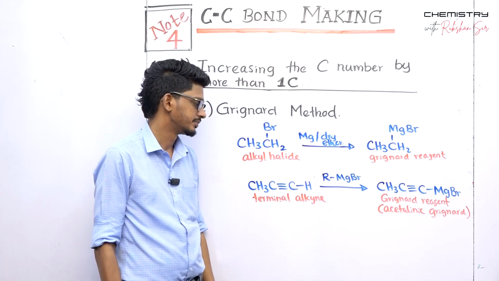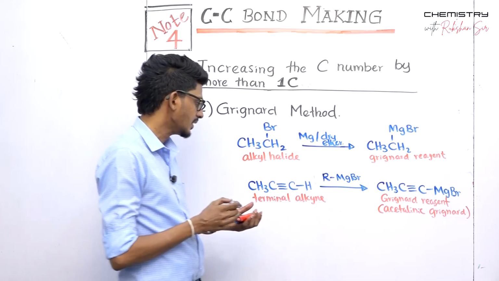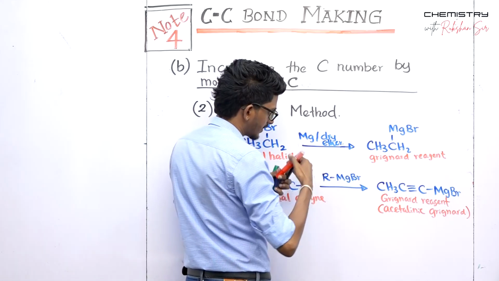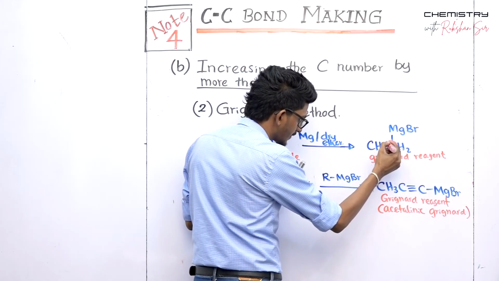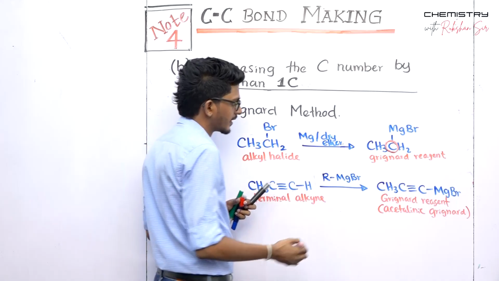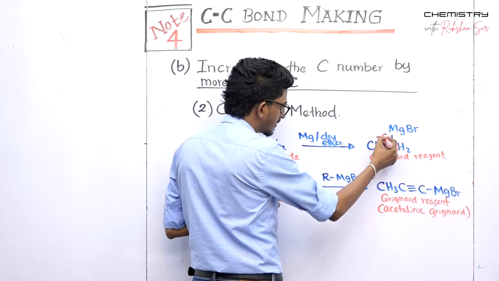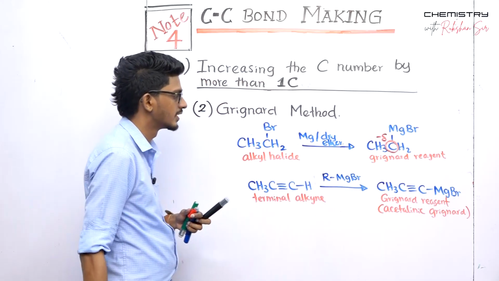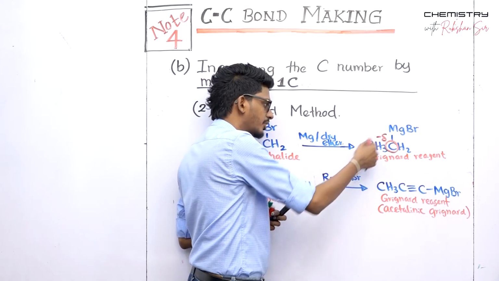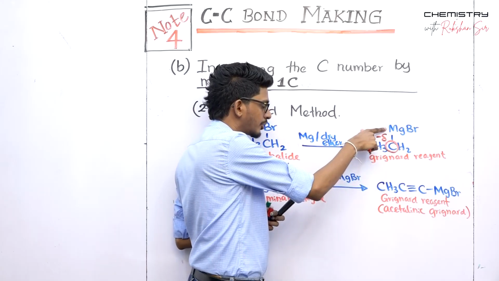The idea is this. With these Grignard reagents, the reactive, functional carbons are negatively charged, delta negative. With this polarity, electrons are attracted towards the carbon because magnesium is an electropositive element.